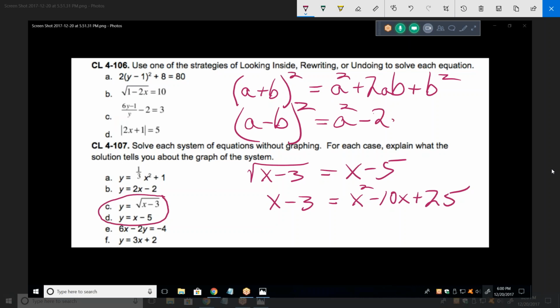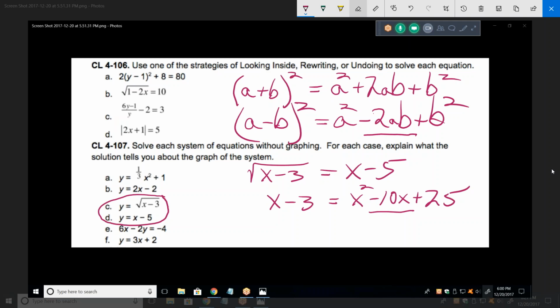And if nothing else, this will prevent you from making the mistake you made. Because notice that there's always a middle term. Whether it's a plus b or a minus b, there is always a middle term. In our case, that is minus 2ab, a being x, b being 5.